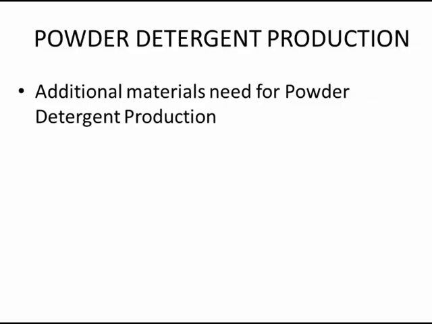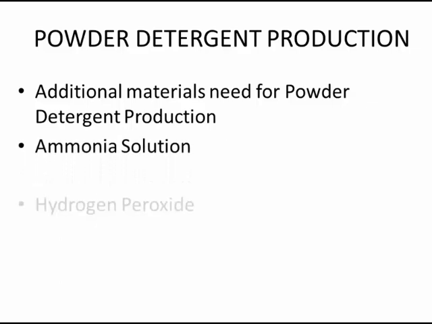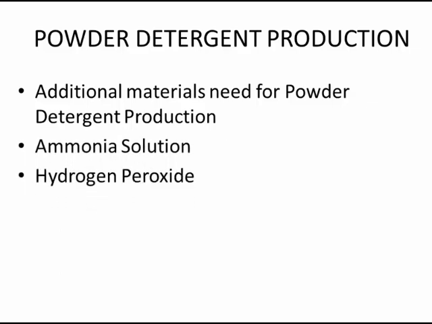All of those things are really being used, but the additional things that you add when you are doing the detergent production are these two things. You have the ammonia solution and also the hydrogen peroxide.